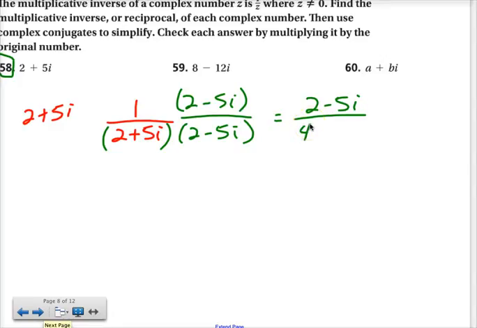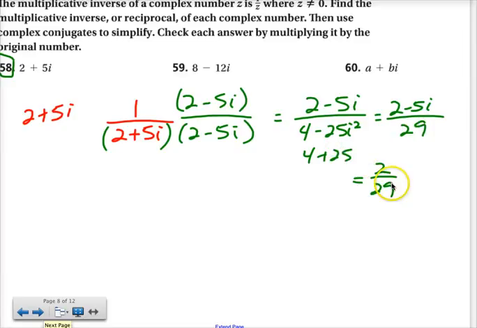Outside times outside plus inside times inside cancel out, but then I have a negative 25i squared. And then I remember, oh, wait a minute, i squared is negative 1, so this will actually be 4 plus 25, which is 29. And in standard form, that would be 2 29ths minus 5 29ths i. So that would be the multiplicative inverse.